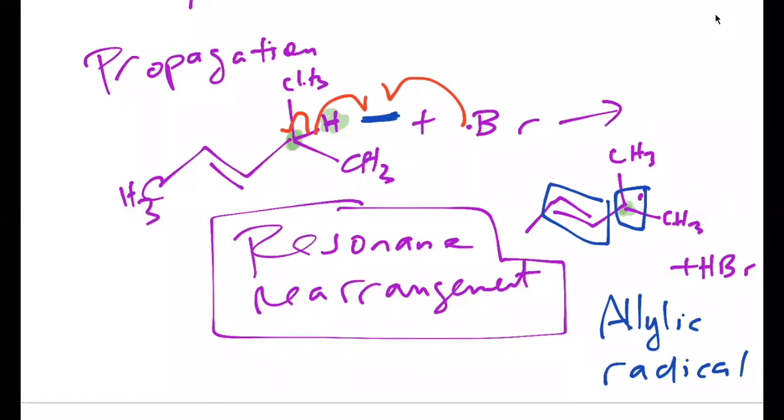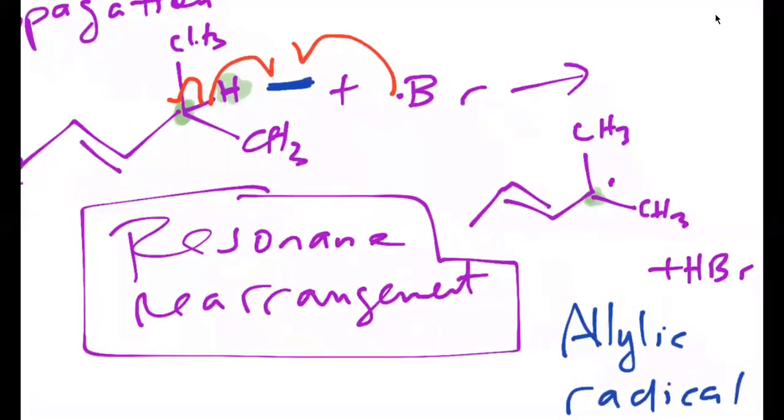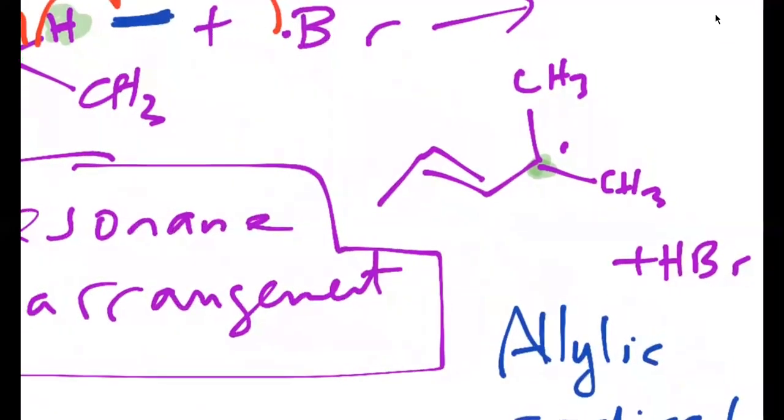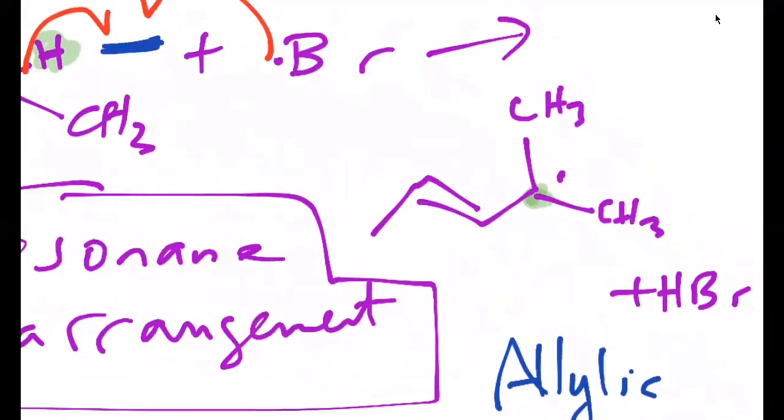So there's a way that I can rearrange that. If I take one electron from the pi bond, I've got to zoom in so I can make sure you can see the arrows. Can y'all still see that structure? All right, I'm going to take one electron from here and move it here.